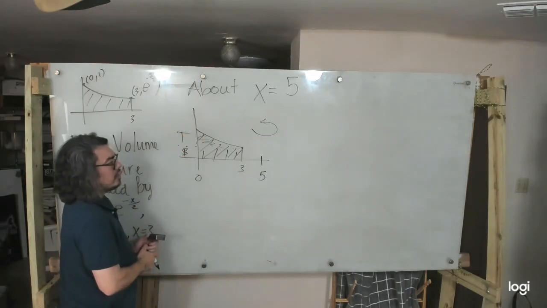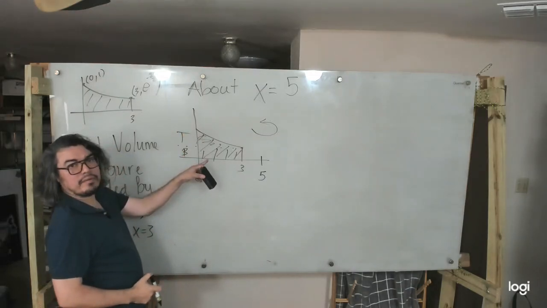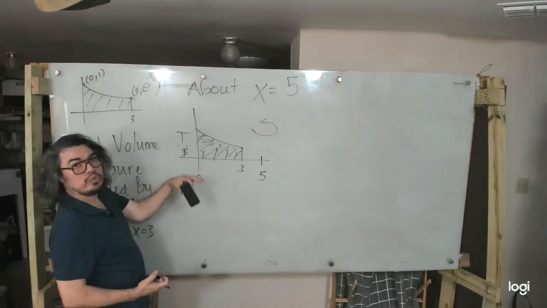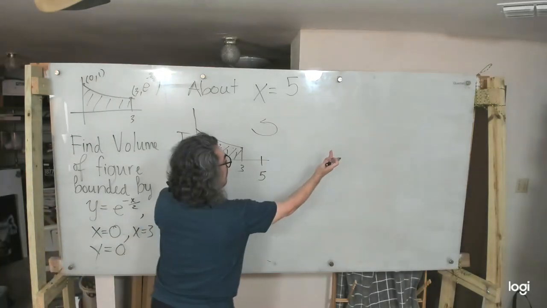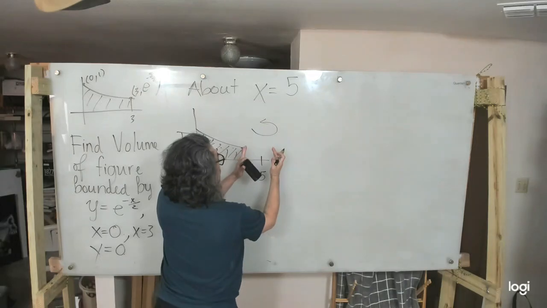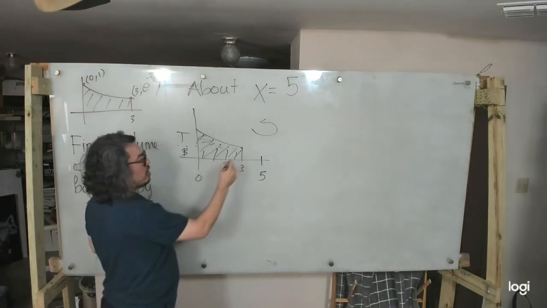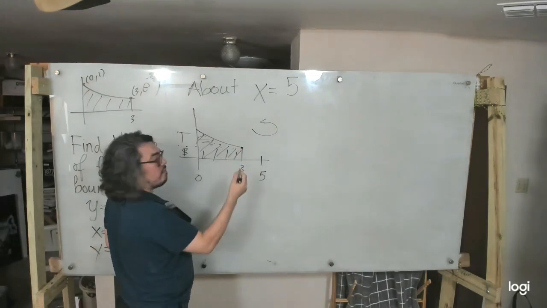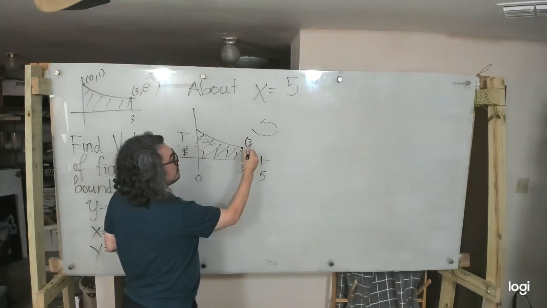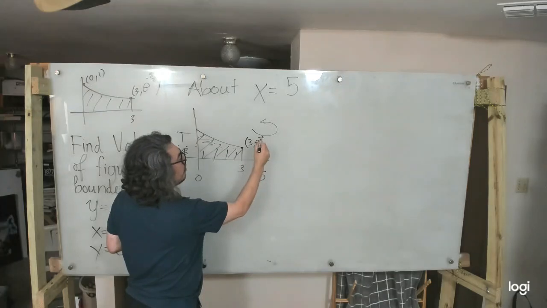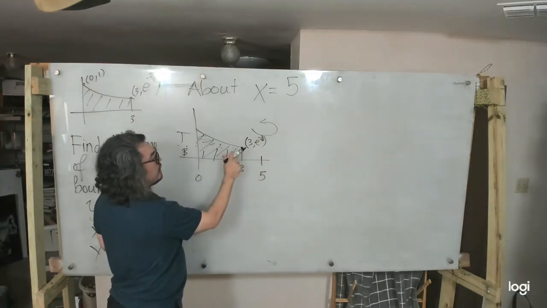And what I want you to notice is that for the bottom, it's going to be the difference between two different cylinders. The outer cylinder minus the inner cylinder. And in this case, we know from the previous part of the problem, from our first graph of it anyway, that this point is 3 comma e to the negative 3 over 2, that point there.